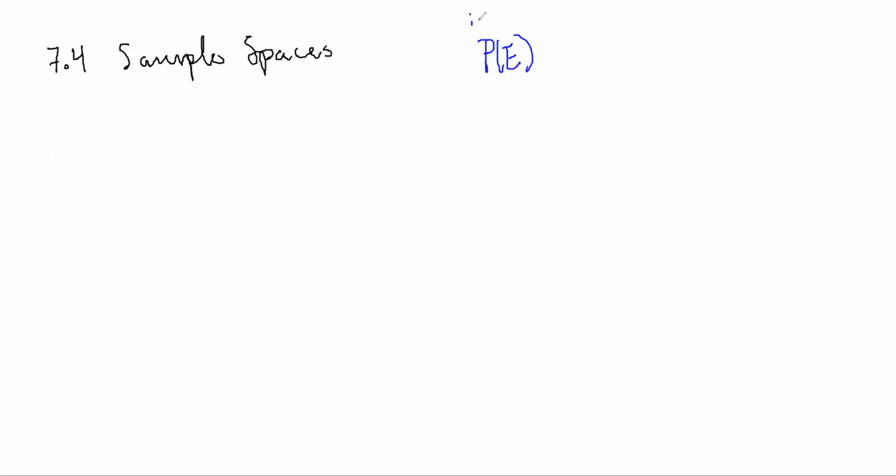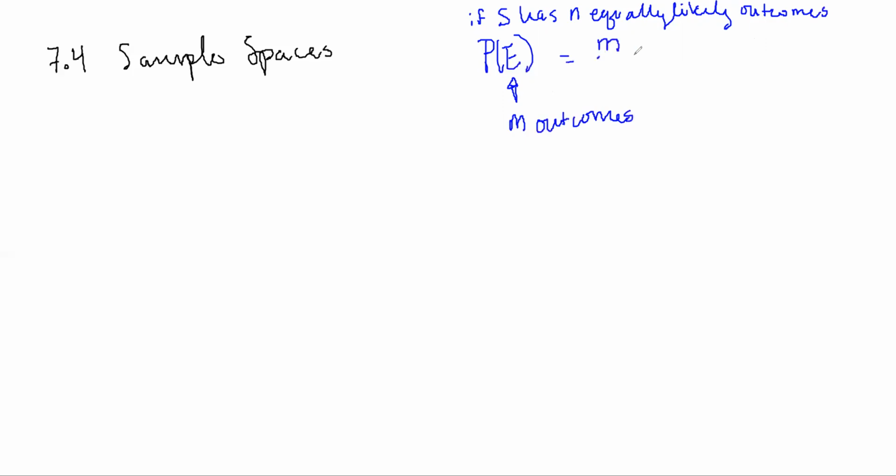So if the sample space has however many equally likely outcomes, and the event E in S contains n outcomes, or m, then the probability of event E, written as P(E), is the number of outcomes in event E divided by the number of outcomes in S total.